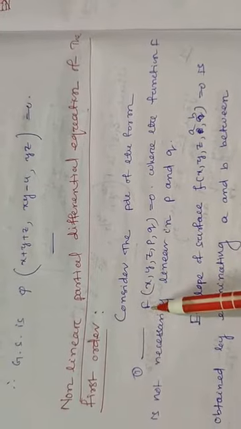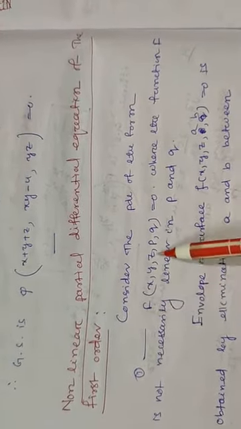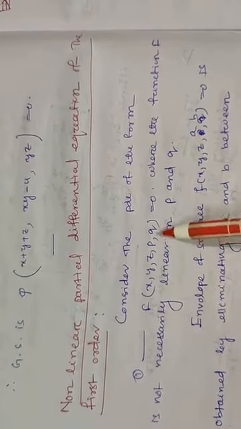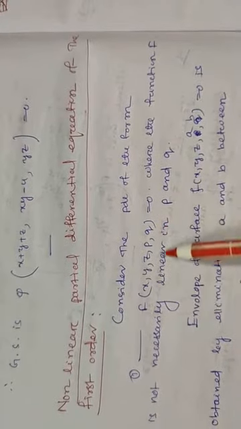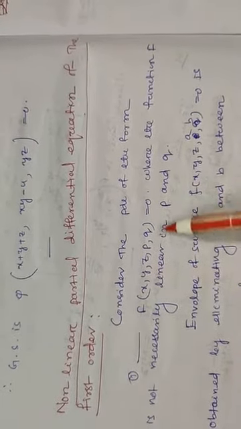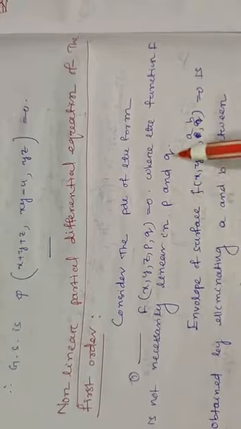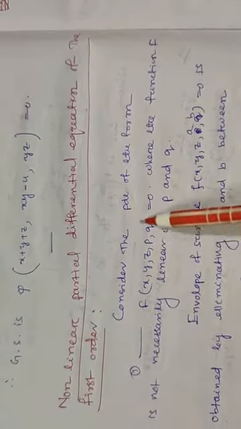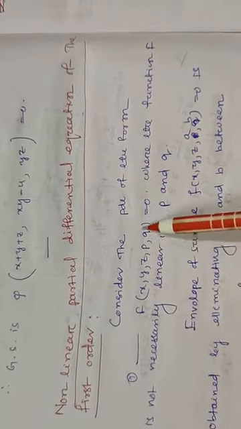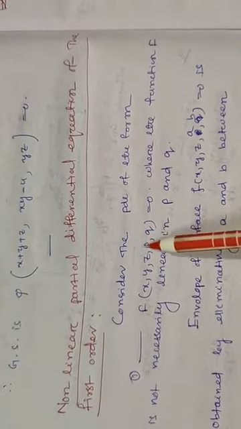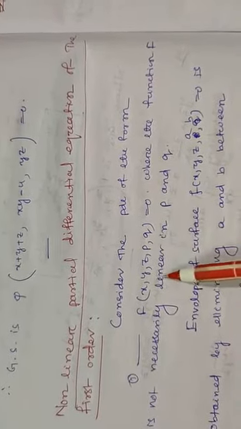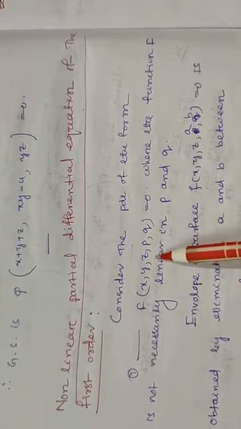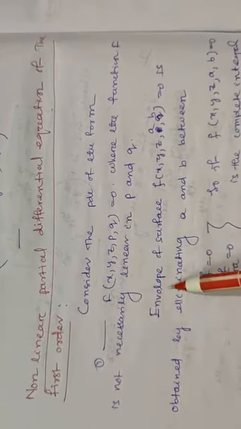And this arbitrary function f is not necessarily linear in p and q. Then we say that this type of equation is a nonlinear first order PDE because the order of p and q is 1. They are first order partial derivatives, but it is not necessarily linear.